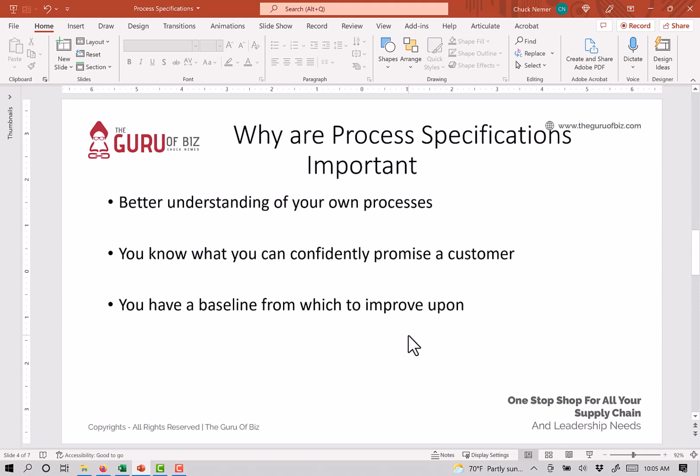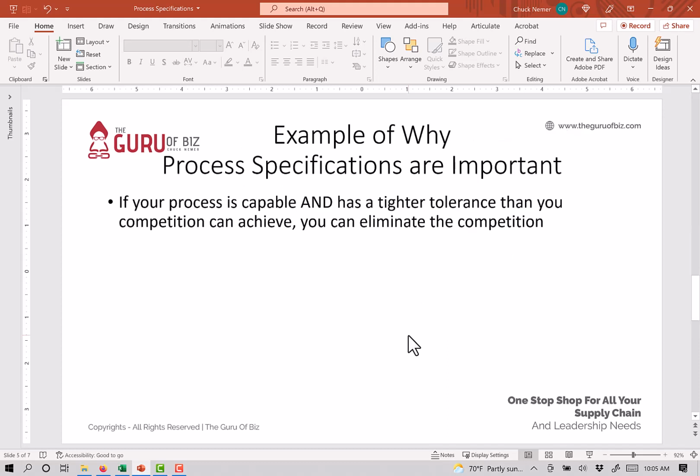So knowing what a process is capable of is important because a company better understands its process by understanding what it's capable of. But it also knows what it can and cannot accomplish in terms of promises to the customer. Knowing a process's capabilities and specifications can also create a baseline for improving the process and therefore the offering to the customer.